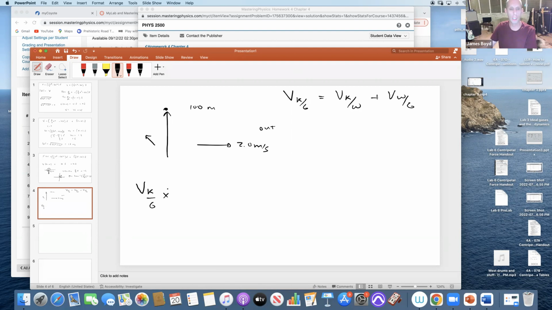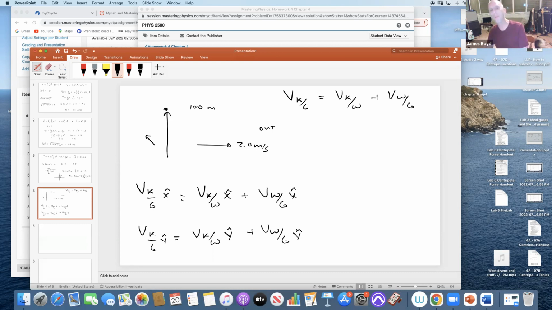This is kind of an overly complicated way to do this, but it works. Kayaker versus the water in the x hat plus kayaker versus the water in the y hat, plus water versus the ground in the x hat plus water versus the ground in the y hat.